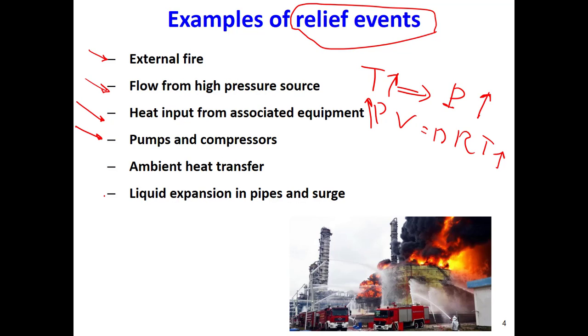So those are the equipment that change pressure, so we have to control them accurately. Ambient heat transfer: let's say in the summer days, especially here, the temperature goes up, so the equipment catches more heat than in winter time, or let's say at night. So those are the cases that we might have some increase in pressure and we have to relieve it.